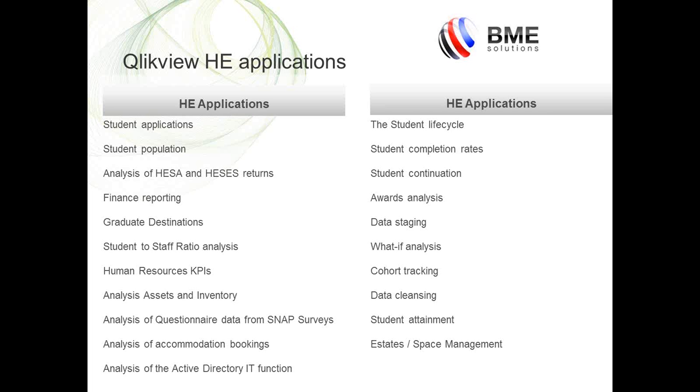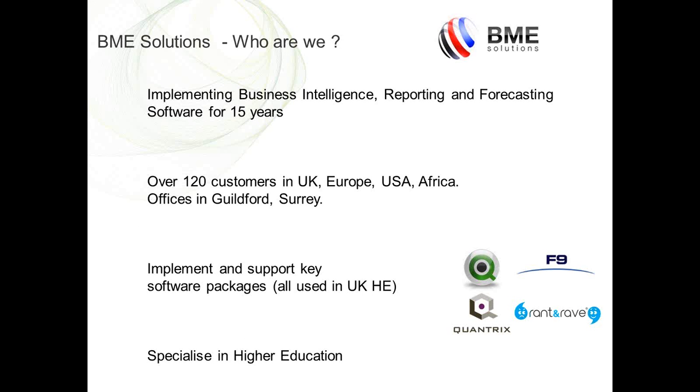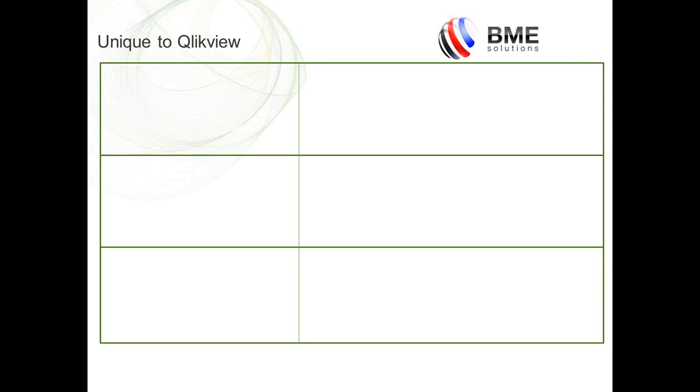We are based at offices in Guildford in Surrey, and we sell and implement four packages: Qlikview for business intelligence, F9 for Excel financial reporting, Quantrix for student modeling, and a product called Rant and Rave for student feedback. Today, though, is only going to be about Qlikview and the way we have specialized in the higher education sector.